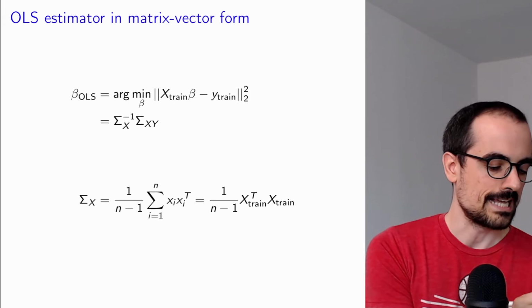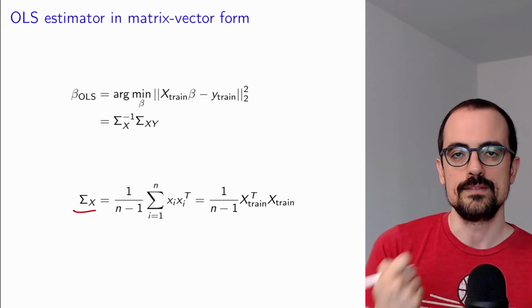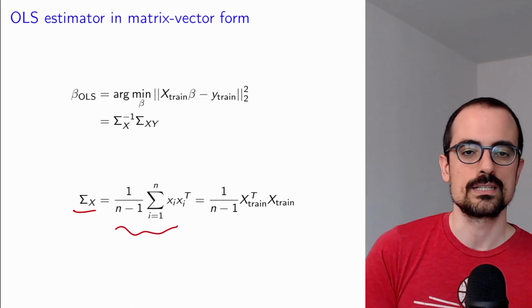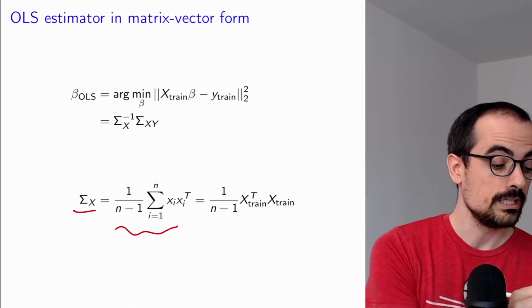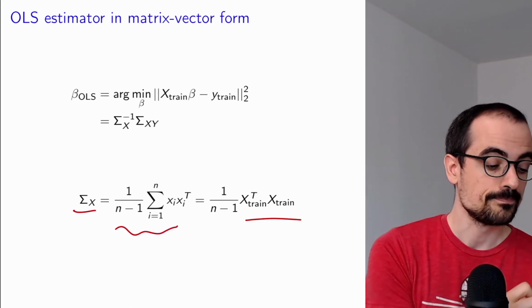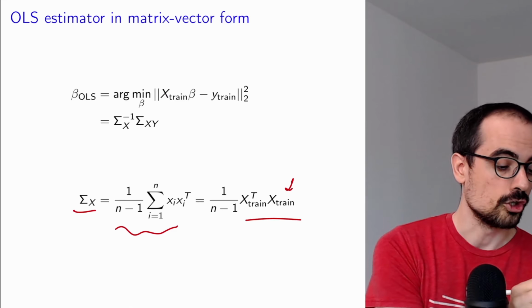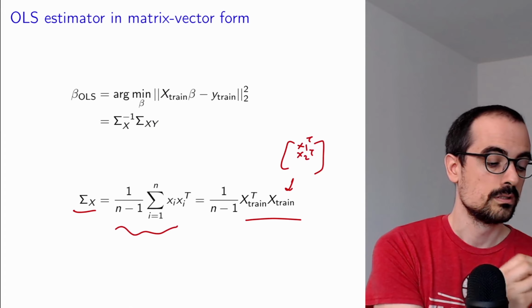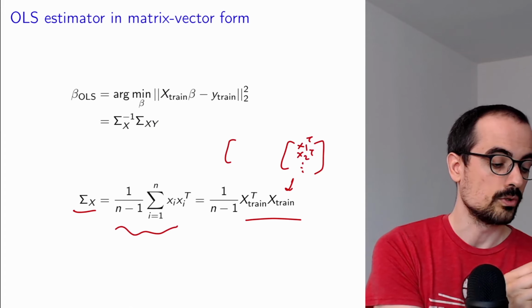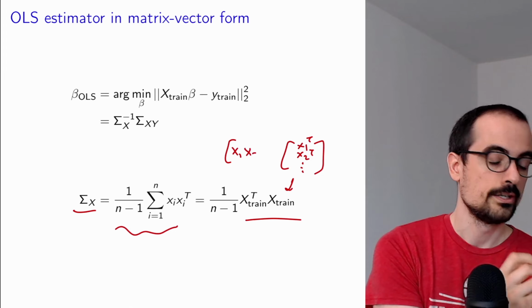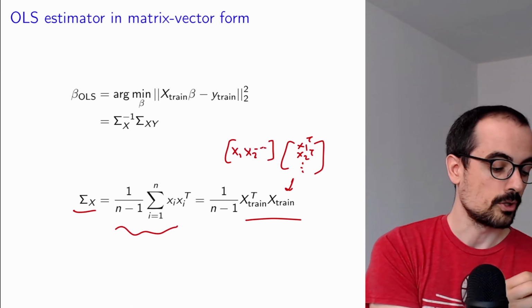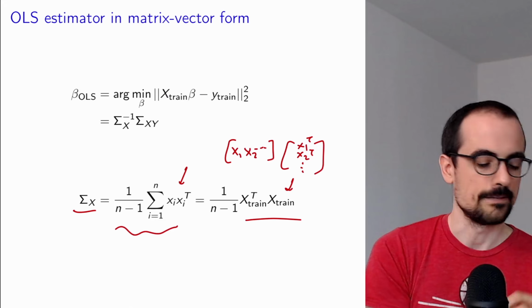What is the sample covariance matrix of the features in terms of the design matrix? By definition, the sample covariance matrix looks like that. The design matrix contains the features as its rows, so if you transpose it, you have the features as the columns. So when you do this outer product, you obtain exactly that.